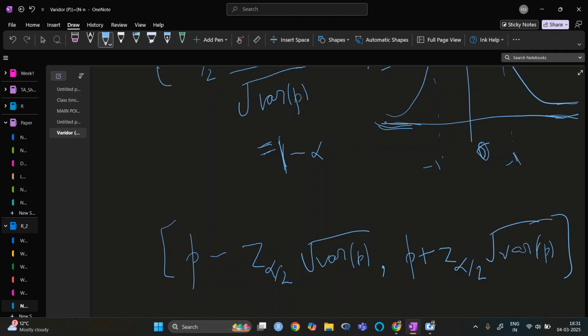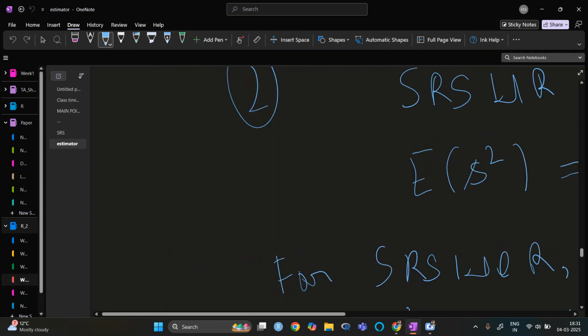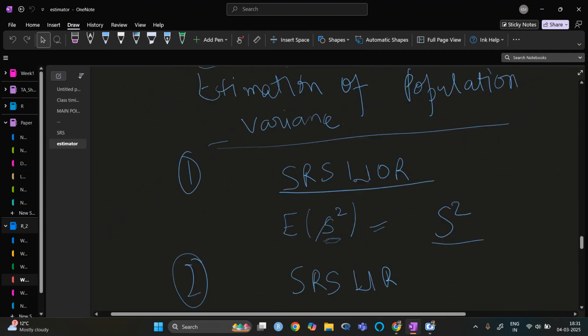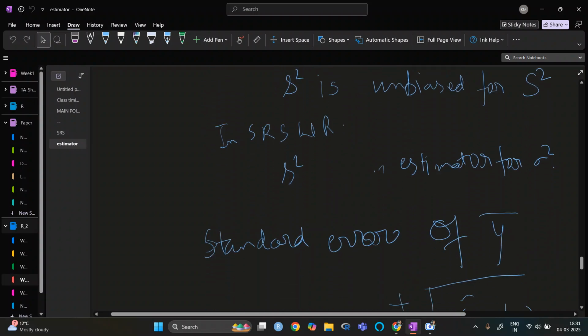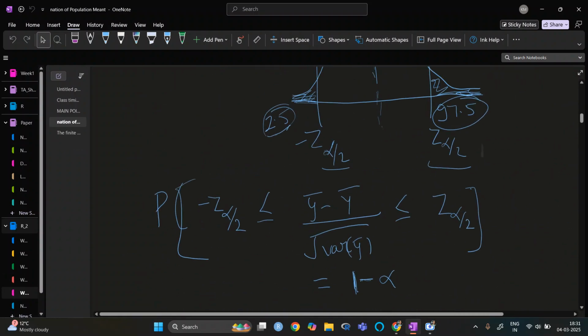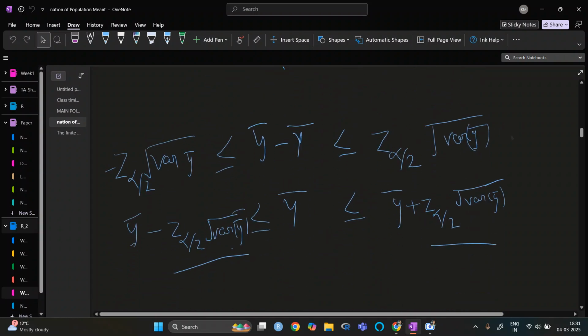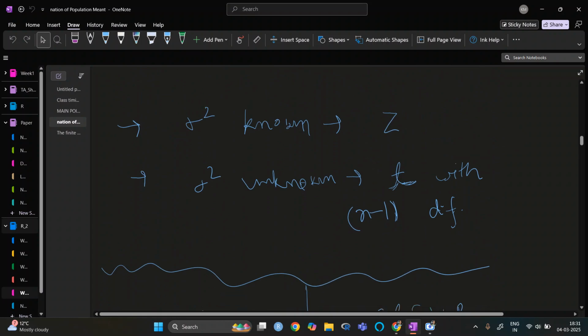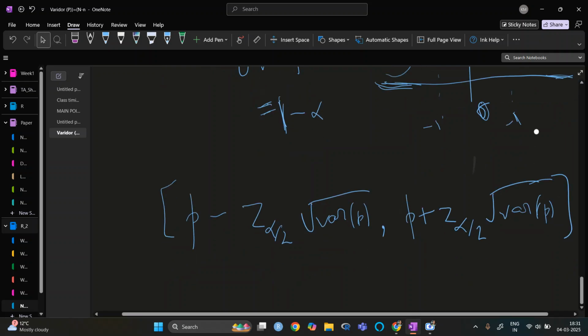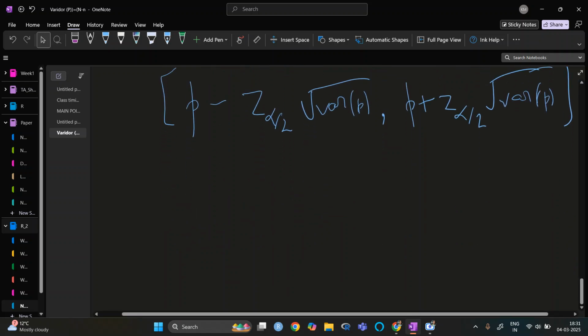If you have any confusion, you can go through these slides. In this class we have seen how we can find this interval. So this is p minus z alpha by 2 and p plus z alpha by 2.